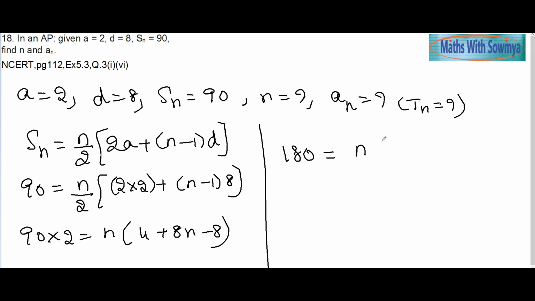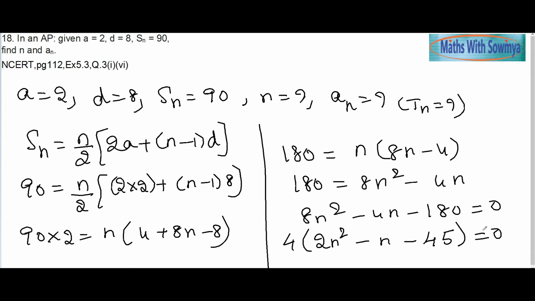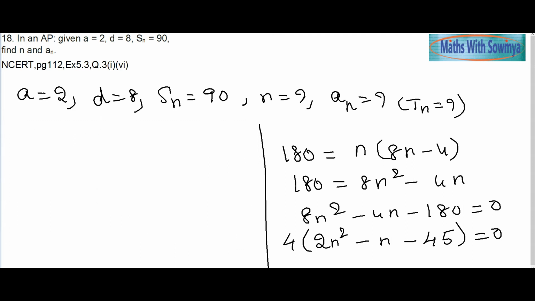This will give me n into 8n minus 4, 8n square minus 4n. So 8n square minus 4n minus 180 is equal to 0. We can take 4 as a common factor. Four will go down, so it will anyhow come to 0 on the other side. So we are left with 2n square minus n minus 45 is equal to 0.